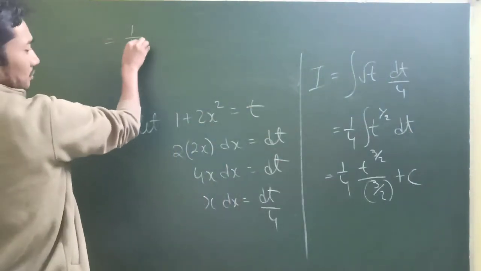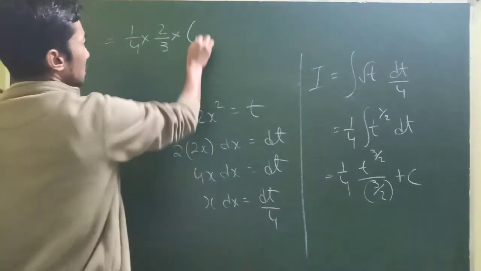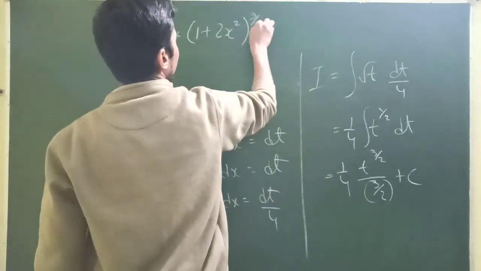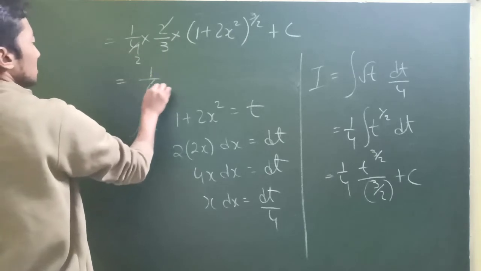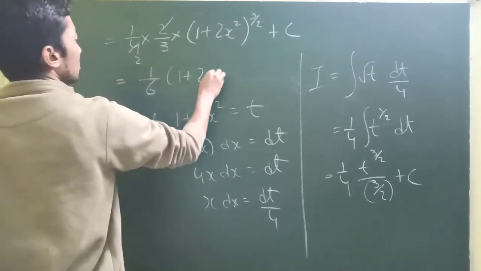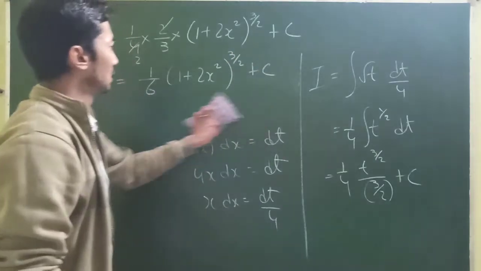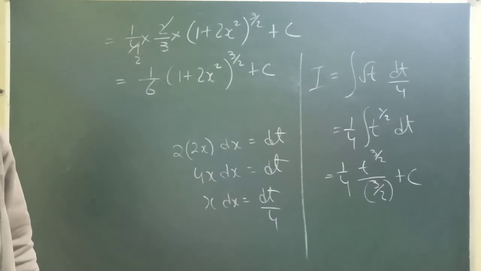So that's 1 by 4 into 2 by 3 into, what was the value of t? (1 plus 2x squared) power 3 by 2 plus c. 2 2s are 4. 2 3s are 6. That's fine, I guess. No problem there so far. 1 by 6, (1 plus 2x squared) power 3 by 2 plus c.